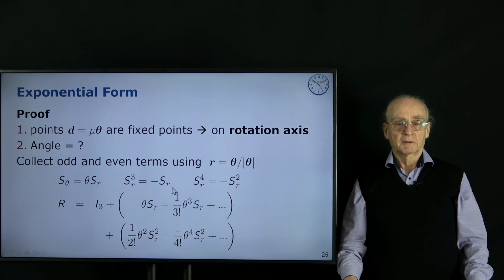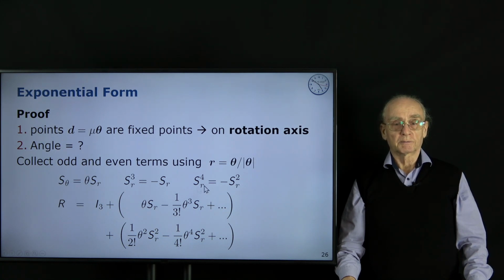So what happens with S_r to the fifth? It would be minus S_r squared multiplied with S_r, so S_r third, which is minus S_r. So S_r to the fifth is the same as S_r.